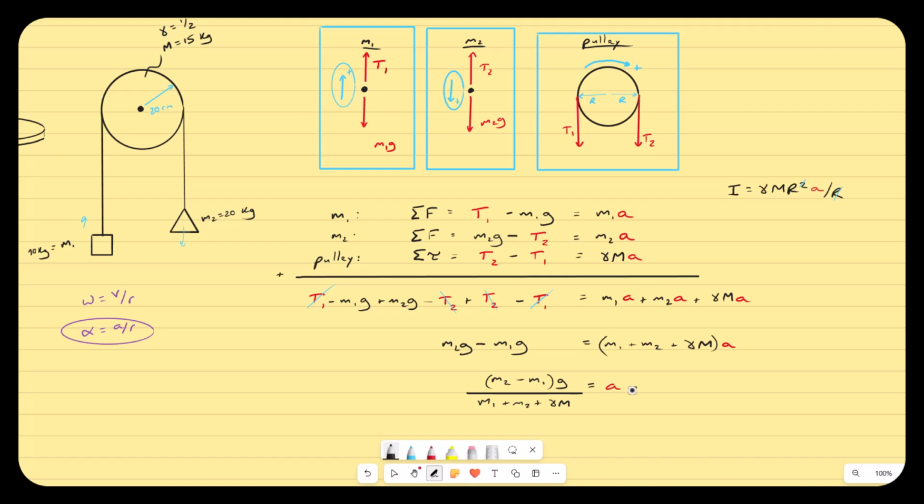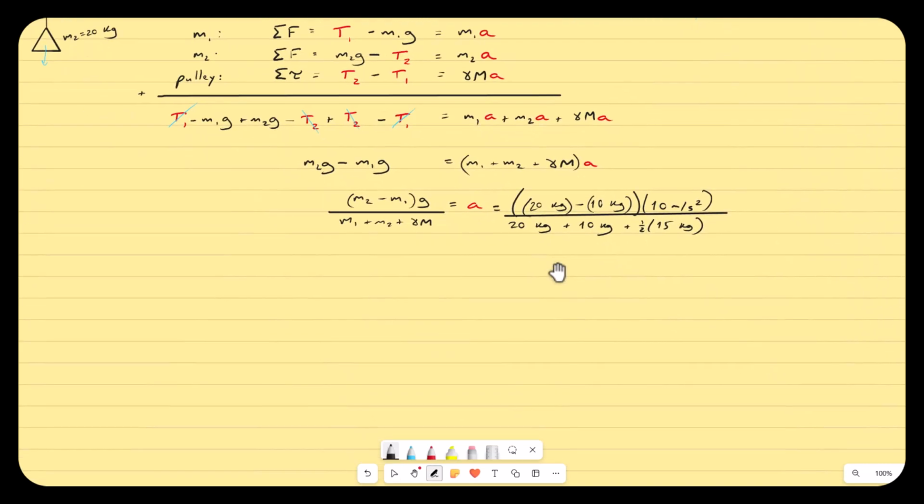Now I can plug in some values. And when I plug in all those values, I get an acceleration of 2.7 meters per second squared. And that's pretty good. Let me see what happens if I don't have a mass for my pulley.